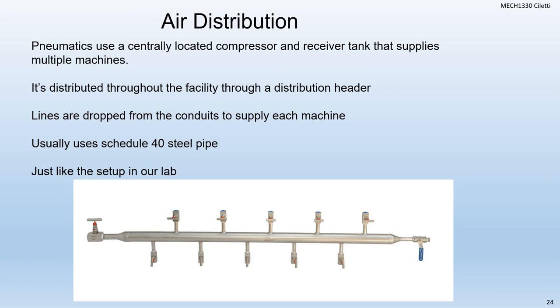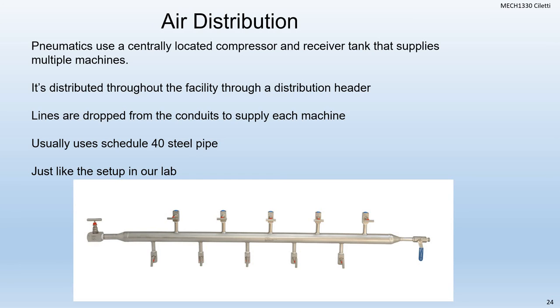For the most part, when we use pneumatics, we generally have a centrally located compressor and receiver tank. We talked about those in the last chapter. We distribute it through the facility through a distribution header, kind of like the ones shown below. We don't have one exactly like that, but if we went to Nissan and looked at the line with a bunch of people tapping into the main line, we would have all these different taps on the main line.